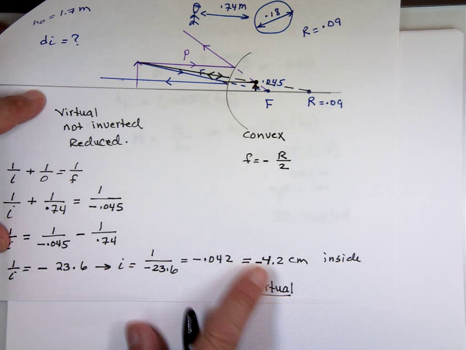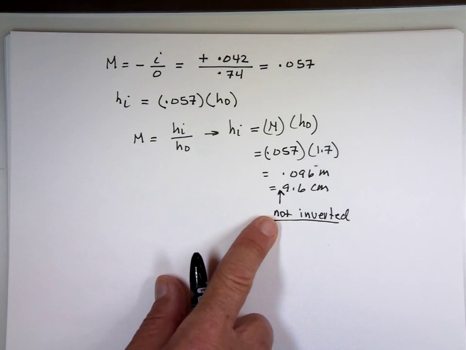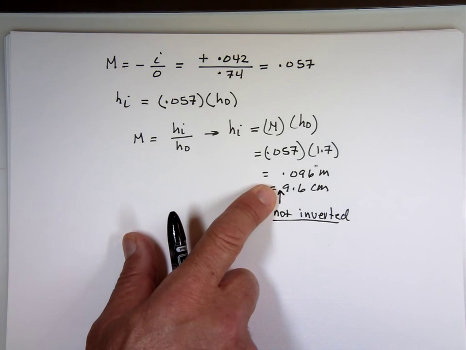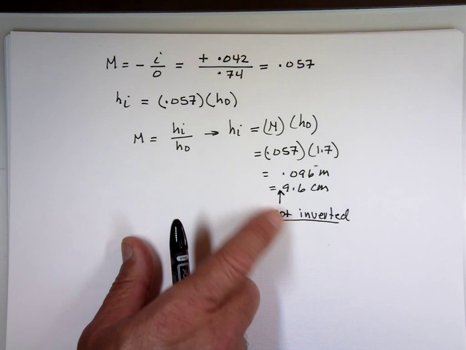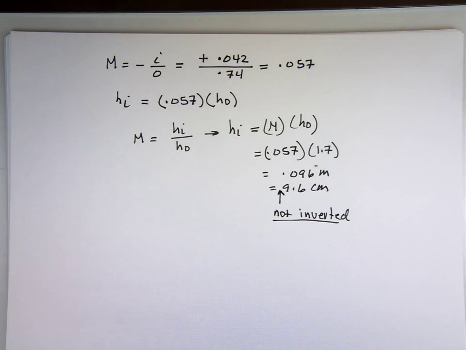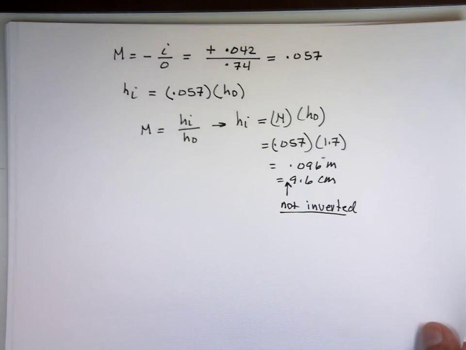When it's positive, it's real. The magnification, when the sign is negative, is inverted. When the sign is positive, not inverted. So that's 34. Let's look at number 36.